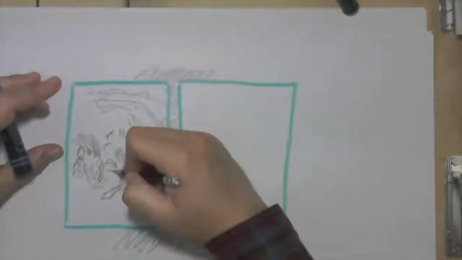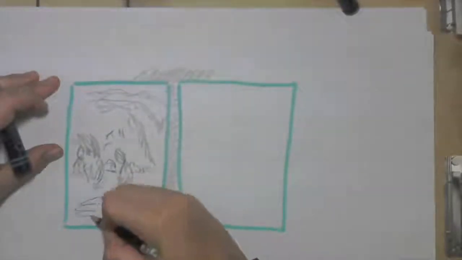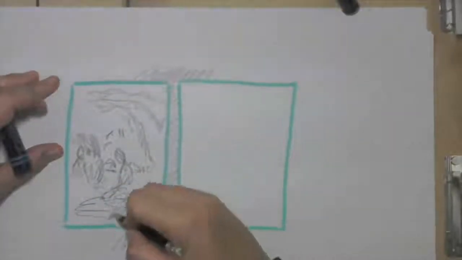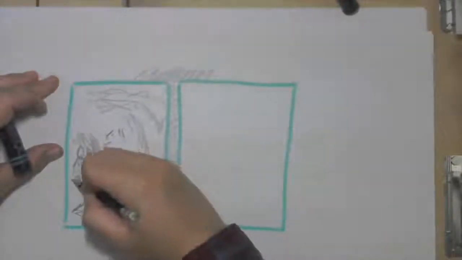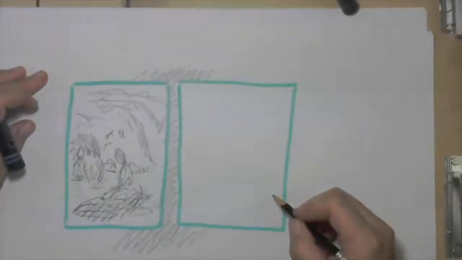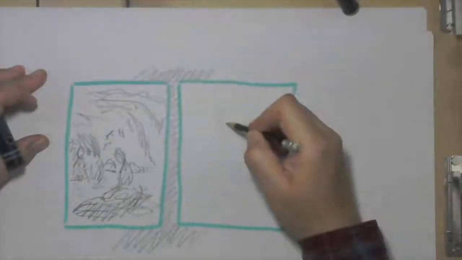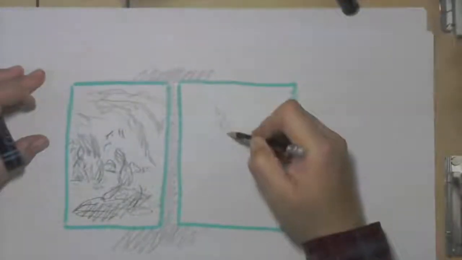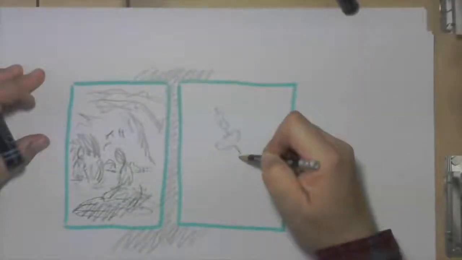Now, once we see this image, we automatically believe this is many, many years ago, right? That's what comes up in our imagination. These people are sitting in this cave, they're hunters and gatherers, and it's many, many years ago. Then in this panel, he does something really cool where he shows this structure hanging out here.